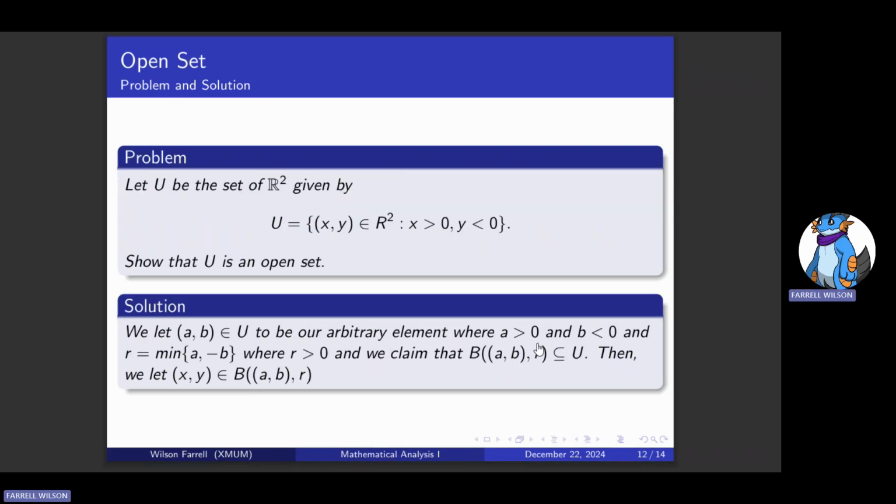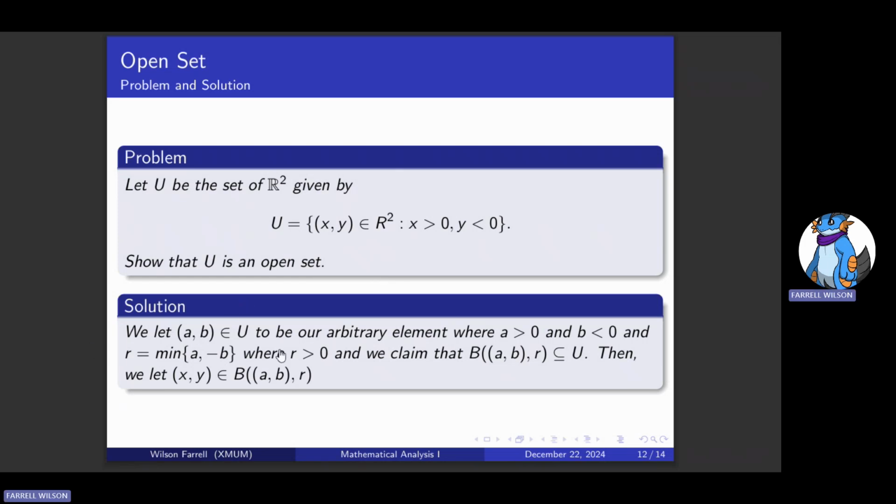For the second problem, we let U be the subset of R squared given by U equals the set of (x, y) in R squared where x is greater than 0 and y is less than 0. For this problem, we need to show that U is an open set.